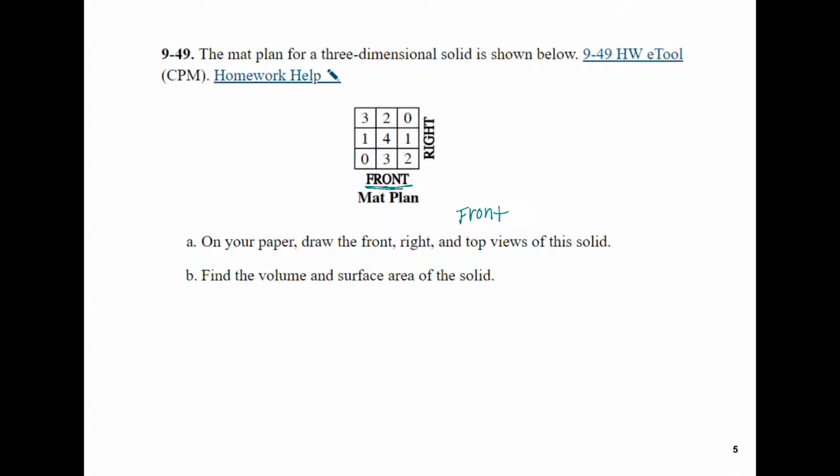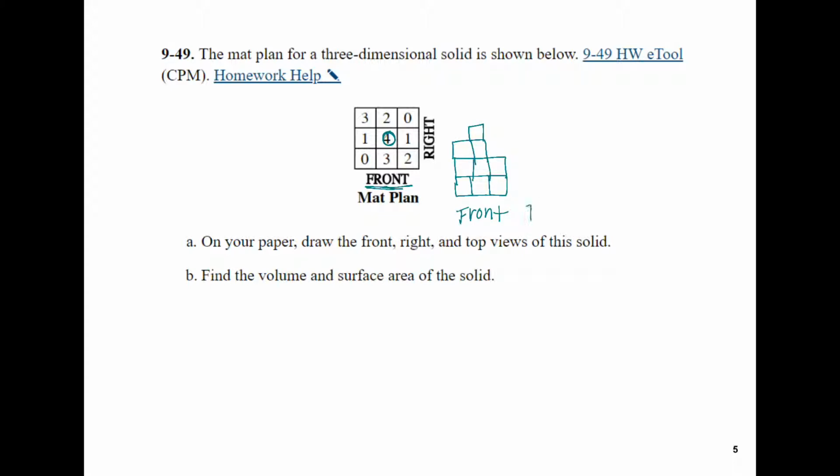I know that I have 3 blocks on the bottom of my shape. I have 3 blocks on the second level of my shape as well. I have 2 blocks on the left-hand side, and with this 4 in the middle, I have 1 more additional block on top.